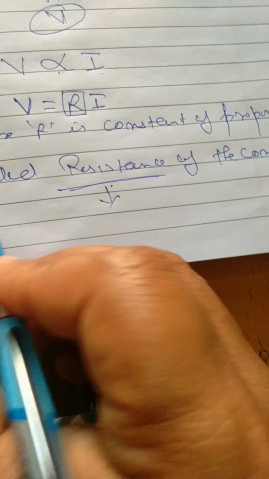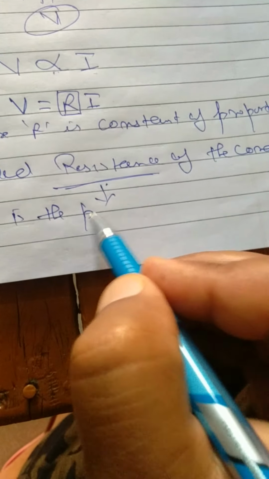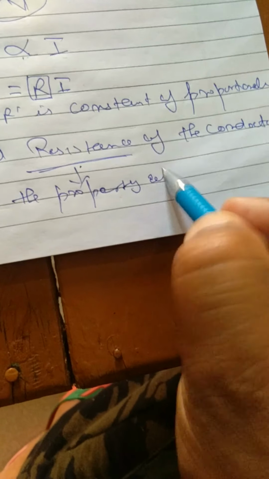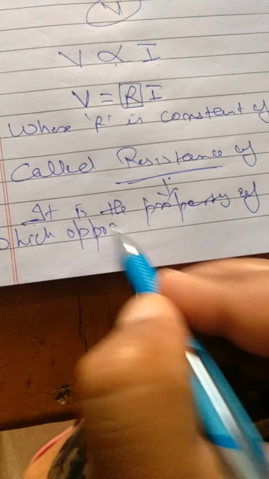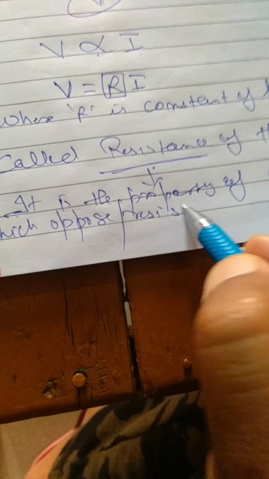So what is resistance? It is the property of a conductor which opposes, or you can say which resists, the flow of charge through it.